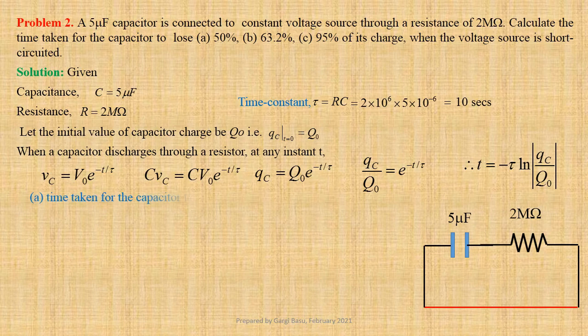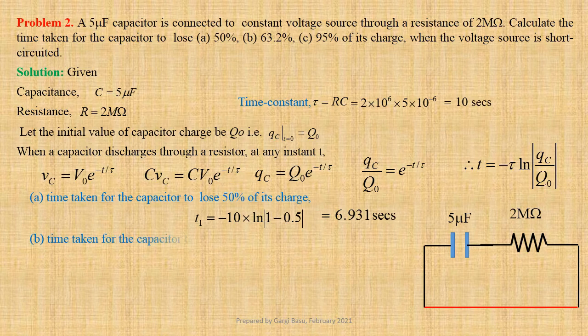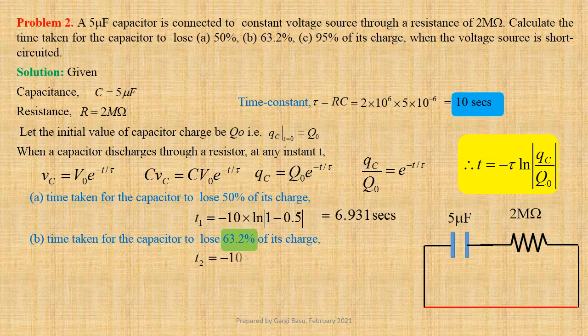Time taken for the capacitor to lose 50% of its charge, T1 equals minus 10 log of 1 minus 0.5, that gives us 6.931 seconds. Time taken for the capacitor to lose 63.2% of its charge, T2 equals minus 10 log of 1 minus 0.632, that gives us 9.9967 seconds.